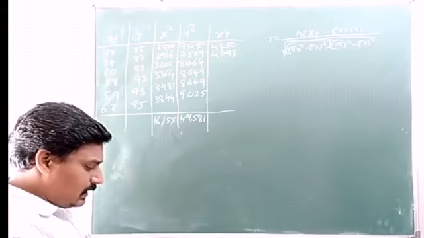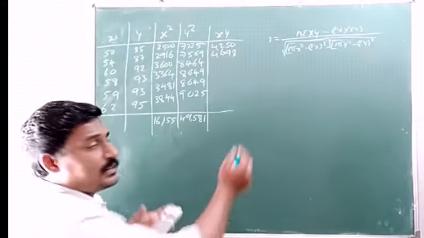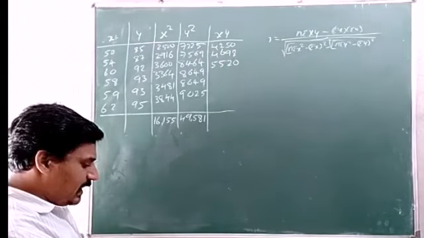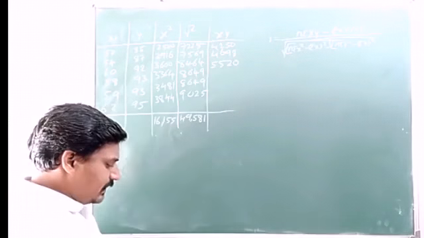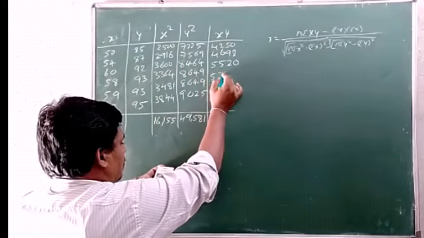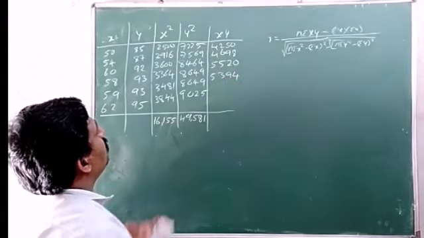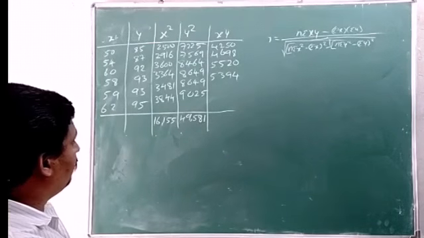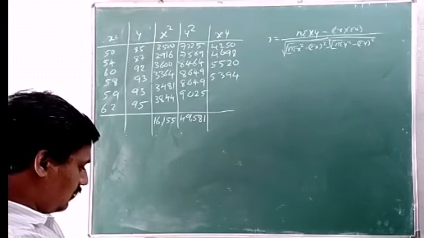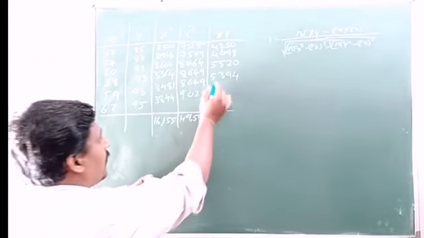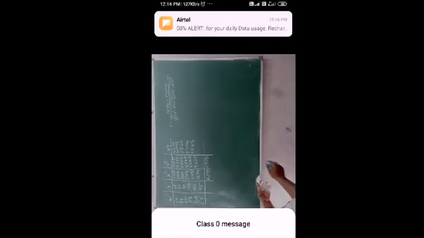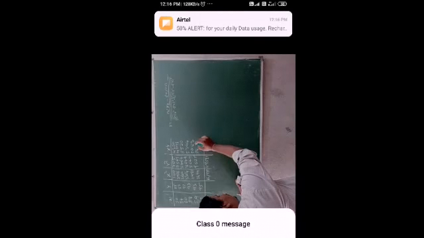Next 60 into 92 is 5,520. And next 58 into 93 is 5,394. And next 59 into 93 is 5,487. And last 62 into 95 is 5,890.